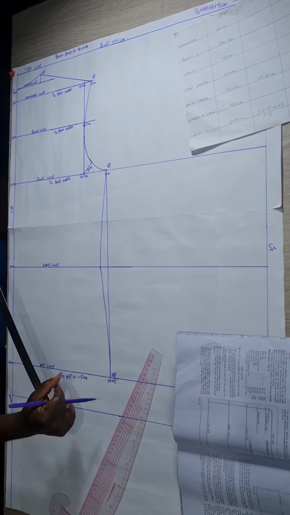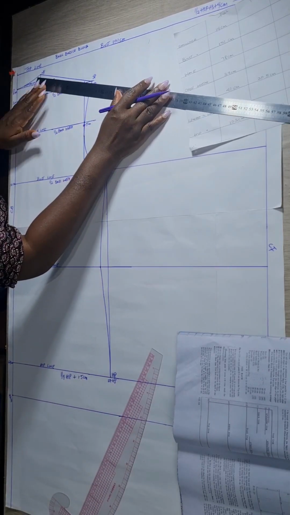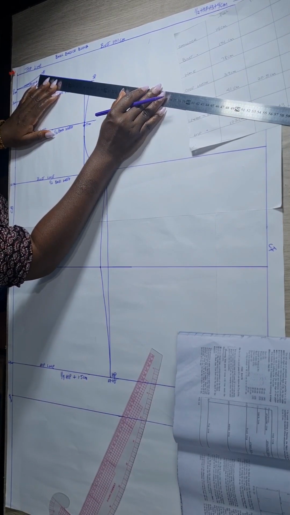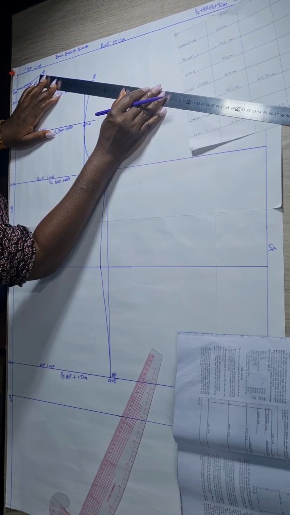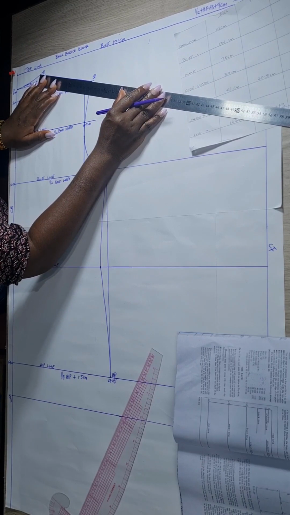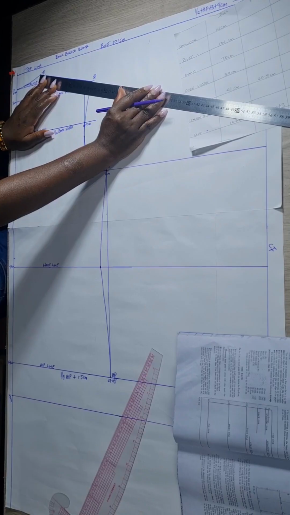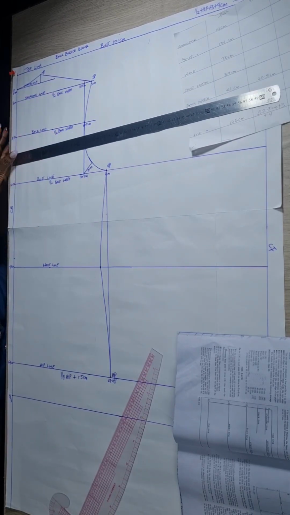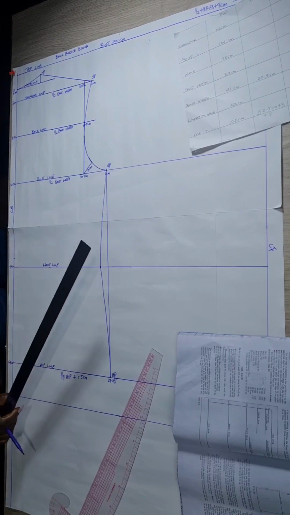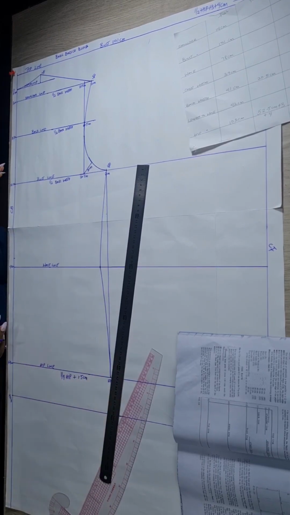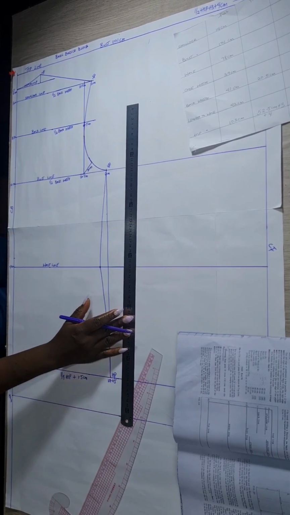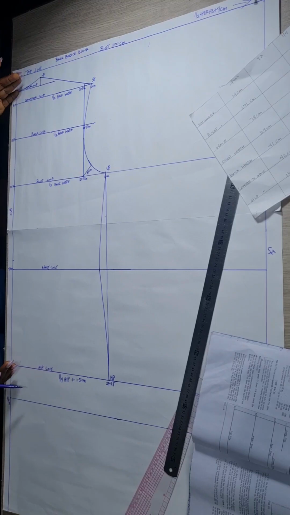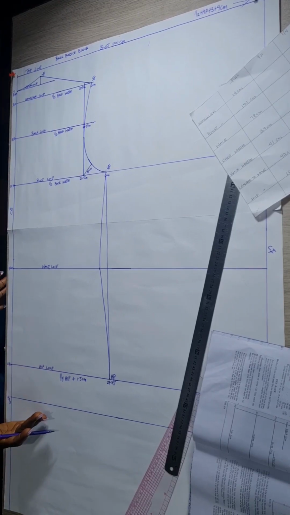Let's confirm what we have from NP to SP here. NP to SP here is 15.5 centimeter. So it means that I have excess of 1.5 centimeter on my shoulder, which is not a problem. By the time we are doing waist shaping, it will be taken out. This is what the back part of the bodice block looks like.